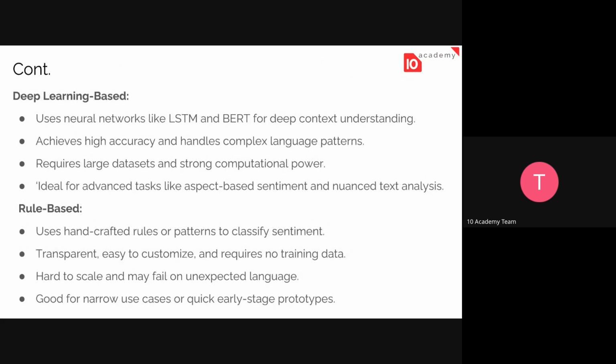The other one is deep learning methods. They use neural networks like LSTM and BERT for deep context understanding, achieve high accuracy and handle complex language patterns. They require a large dataset and stronger computational power, and are ideal for advanced tasks like aspect-based sentiment and text analysis.